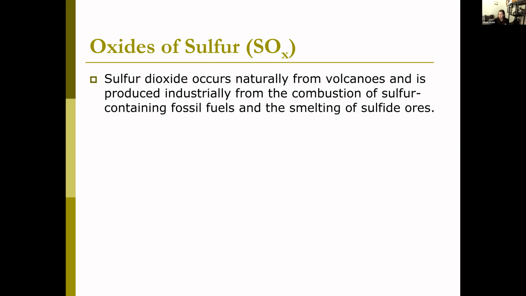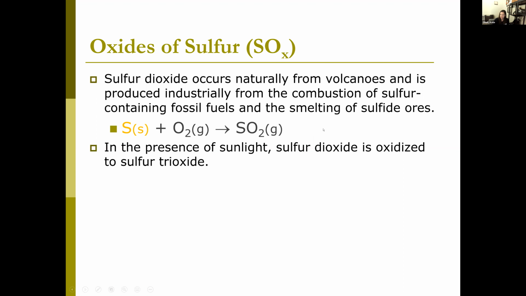All right, so the sulfur dioxide, and this is actually the sentence that's in the note takers, sulfur dioxide can occur from volcanoes and organic decay, and it's produced industrially, basically by burning coal. So here are the reactions, and you've got to know your reactions. Sulfur reacts with oxygen to form sulfur dioxide, and then that sulfur dioxide can be further oxidized to form sulfur trioxide.